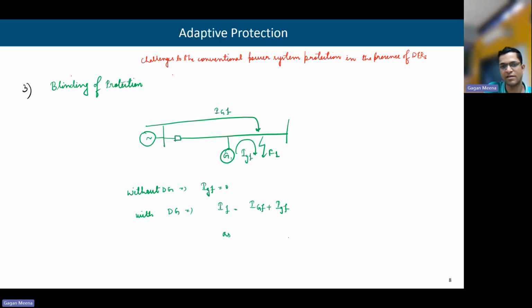And as DER penetration increases, what will happen? Small IGF will increase and capital IGF will reduce, because the total fault current remains the same.